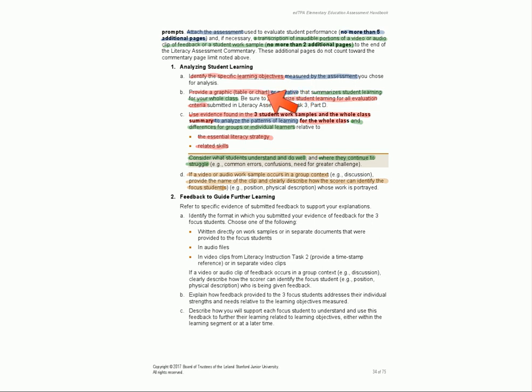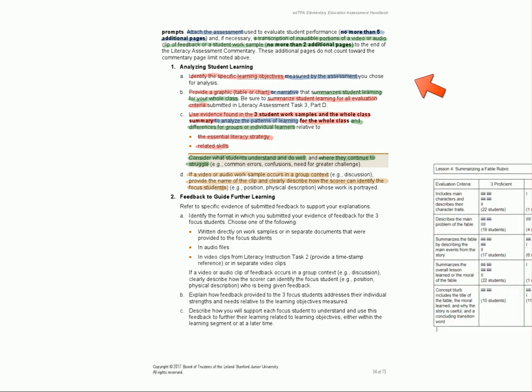Tables and charts offer some advantages. I'm going to share that with you right now. A narrative might include those things as well, but the challenge with the narrative is that you might not have as much opportunity to do quantitative analysis of students' whole class performance as you do for qualitative analysis. So let's take a look at an example.